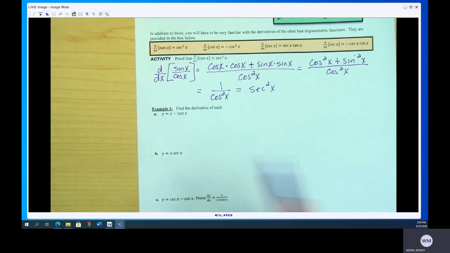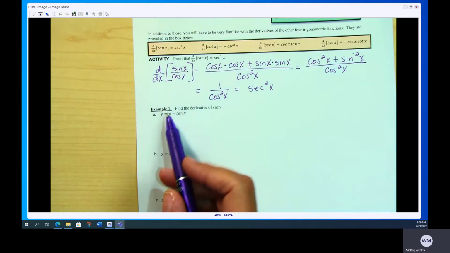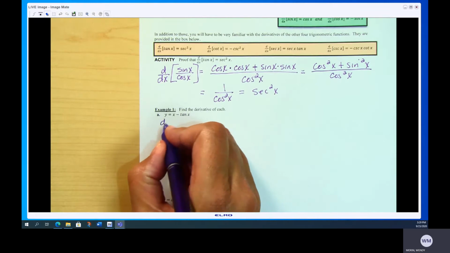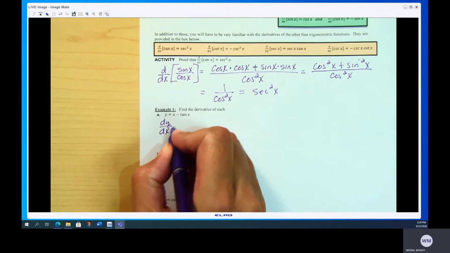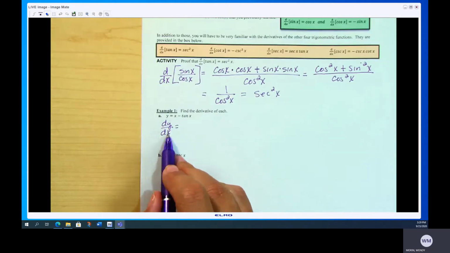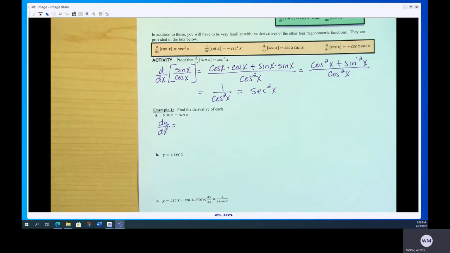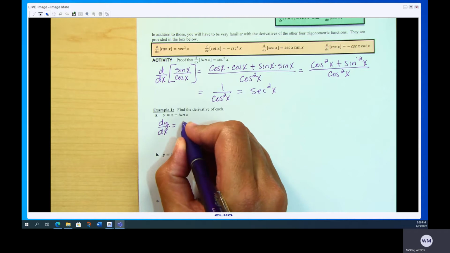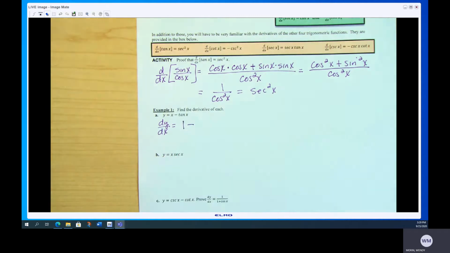Okay, so let's practice. The derivative of y is y prime, or in terms of x, it's dy over dx. The derivative of y with respect to x, or y prime. So dy dx equals the derivative of x, 1. Try these along with me.